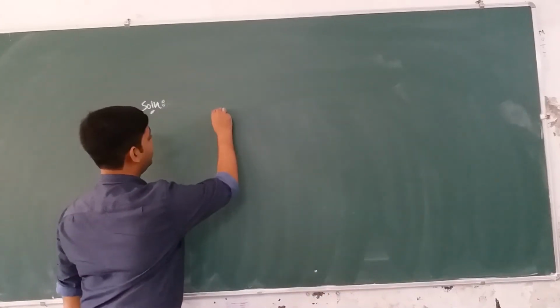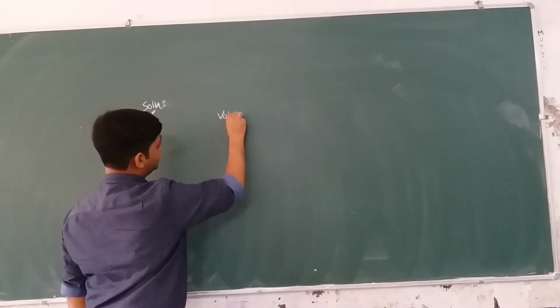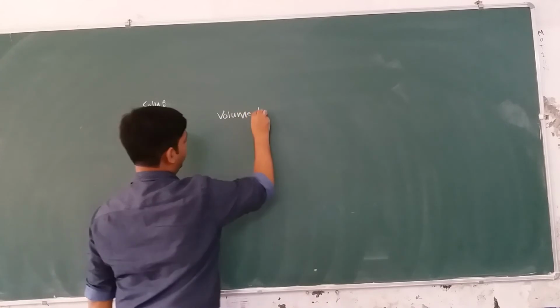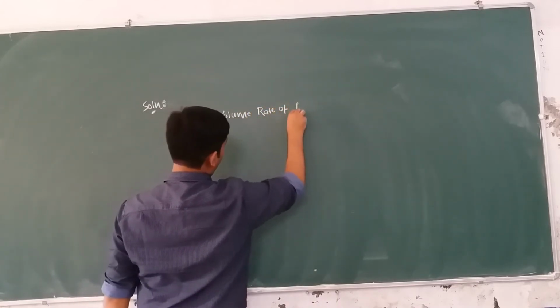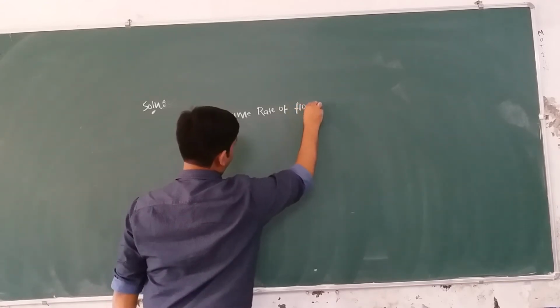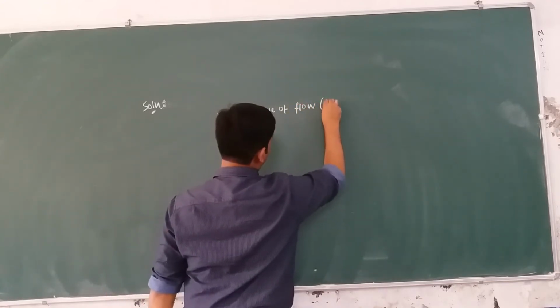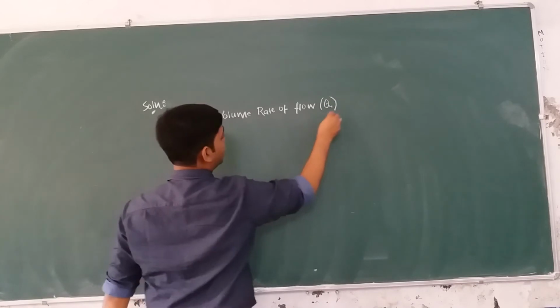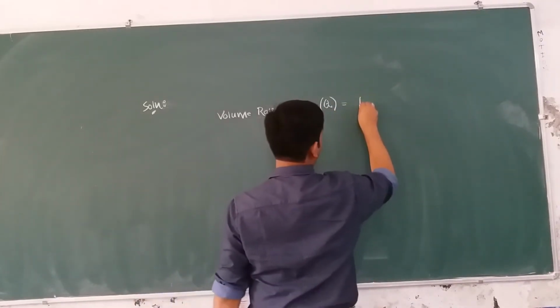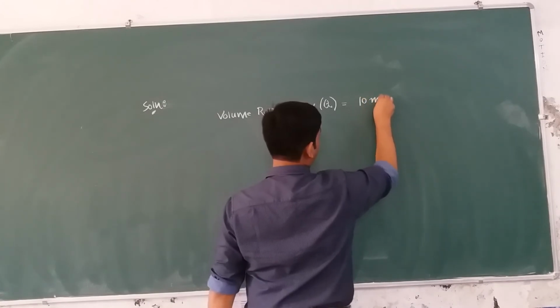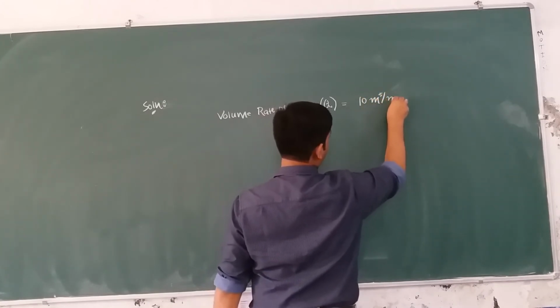So volume rate of flow, it is denoted as Q. Okay? Volume rate of flow is given as 10 meter cube per minute.